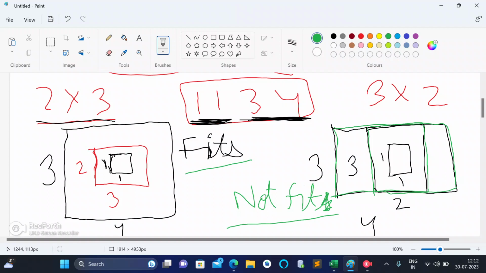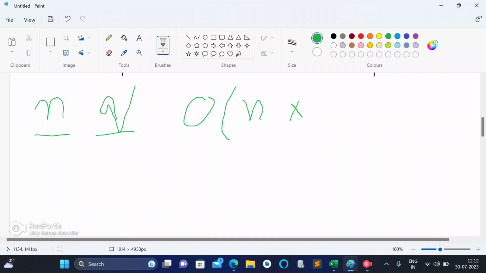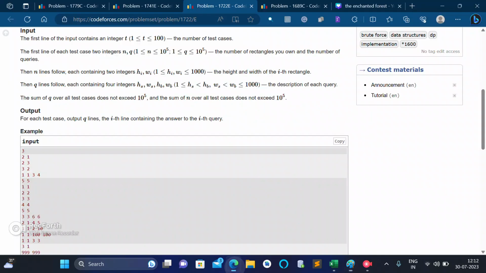So in this form, we have to tell how many rectangles fit how many queries, and we have to report the answer. As there are n rectangles and q queries, for every rectangle we will traverse every query, and this will lead to a time complexity of order of n into q.